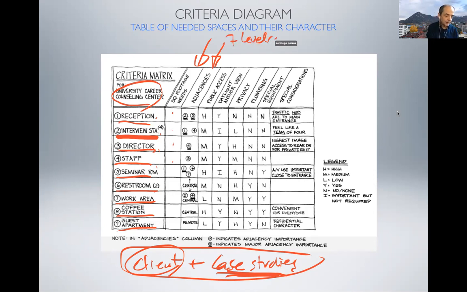And some other conditions which may help you to control the design, like public access, daylight, privacy, if you need plumbing, if you need water inside, other specific equipment, and other things which may be requested by the client, right? So you need, for example, some space which is a coffee station, convenient for everybody.